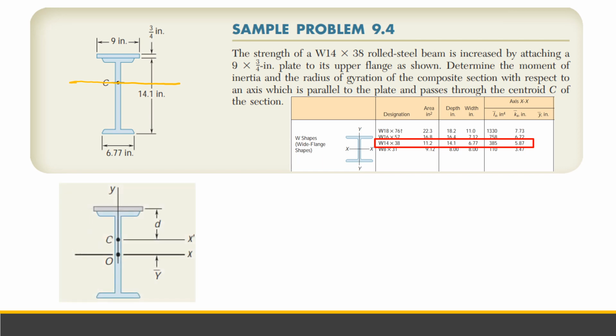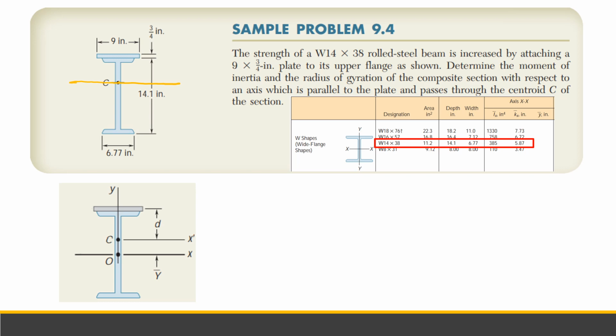Okay, so with respect to the center, first we will determine the centroid. Taking the center of the flange as O, that is the x-axis, and we will determine the x' axis.